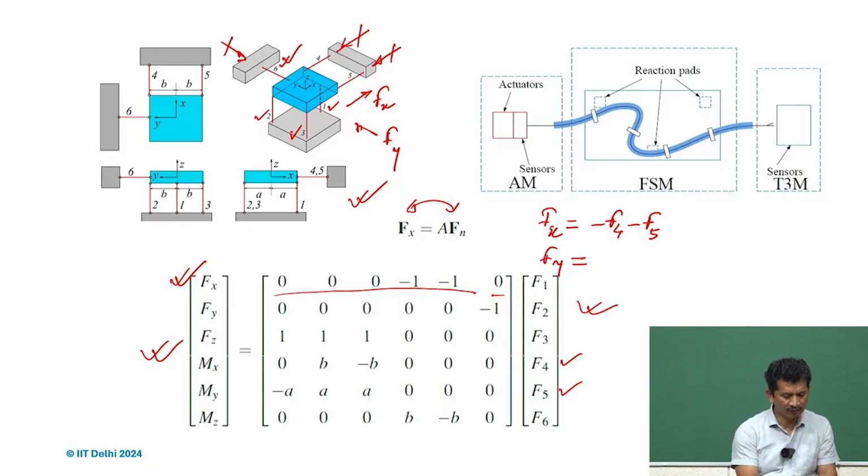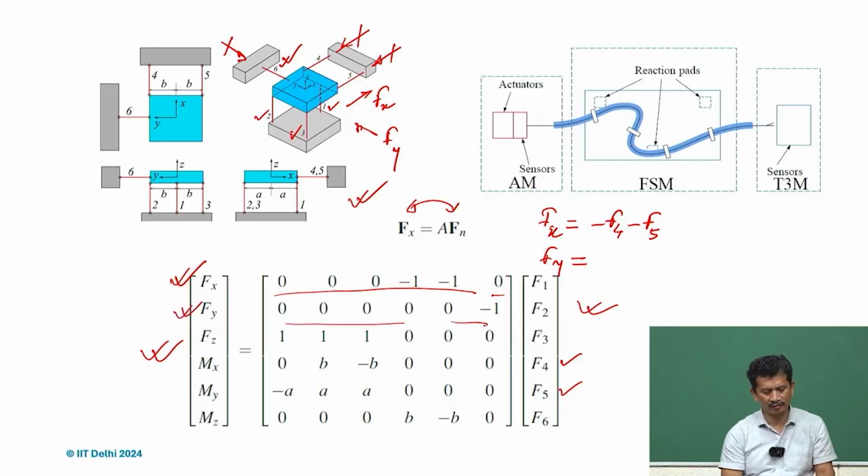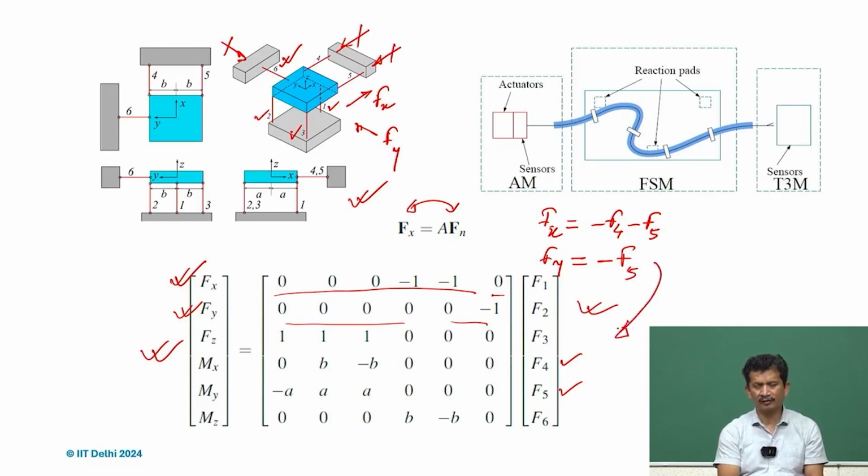That is why, for Fy, what we see here is only minus F5. Likewise, you can write and then convert into matrix form, a very simple notation.